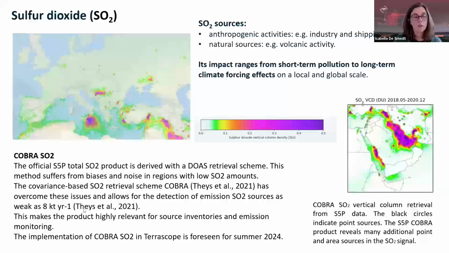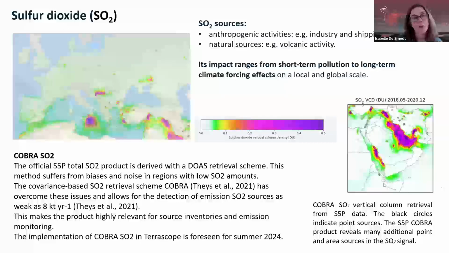So now with this new published COBRA algorithm, this is very much improved, and the algorithm allows for the detection of emission SO2 sources much weaker than before. So we can really work on source inventory for SO2 and emission monitoring. So this is coming very soon.